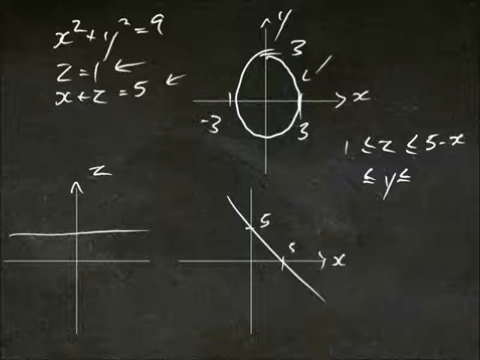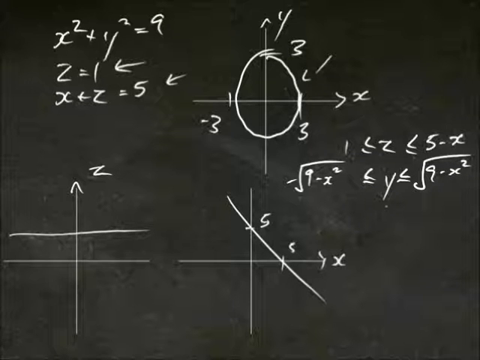Rearranging for Y, you get that being between negative the square root of 9 minus X squared and positive square root of 9 minus X squared. And for X, it's bound between negative 3 and 3.